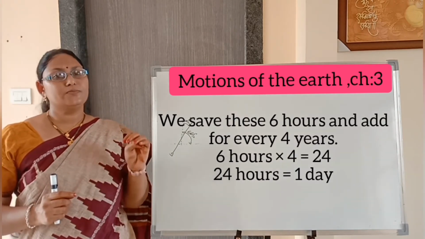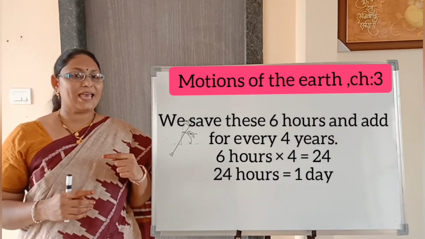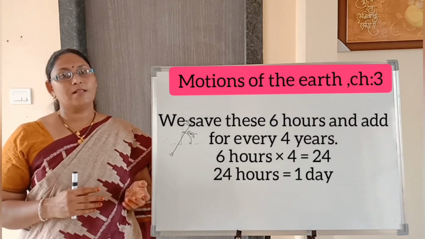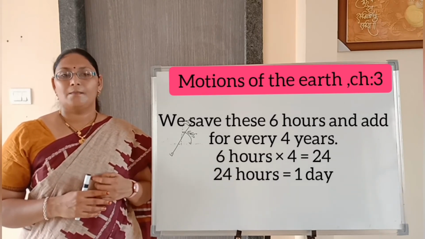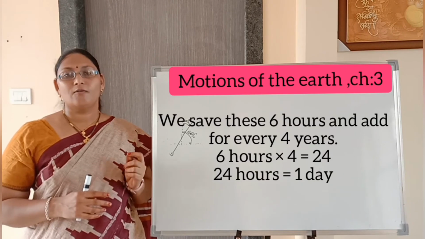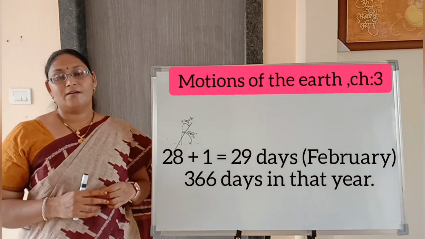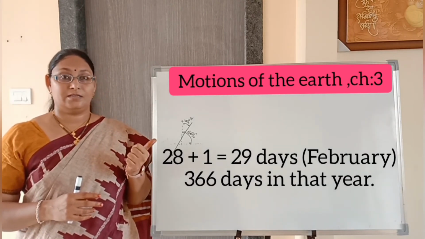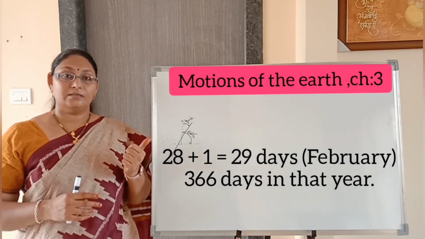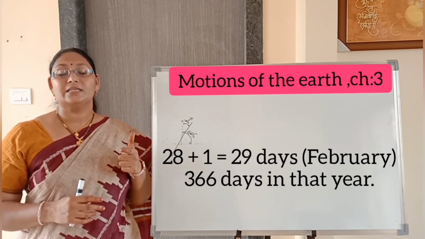So, to which month do we have to add this 24 hours? 1 day extra. All the months have 30 or 31 days, right? But if you observe, the month of February has only 28 days. And when we add all these 6 hours, that year we can observe 29 days in February.